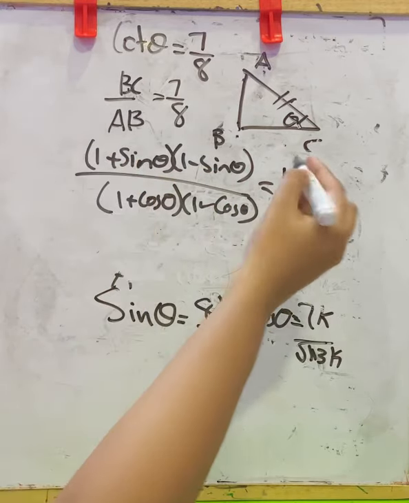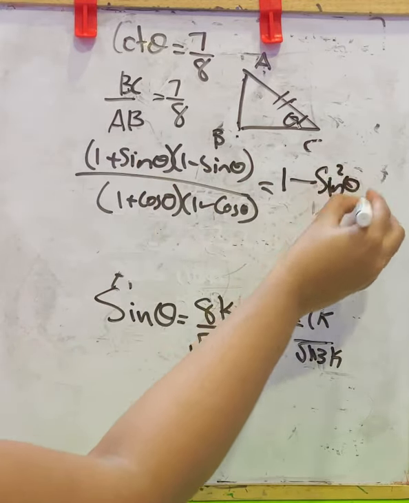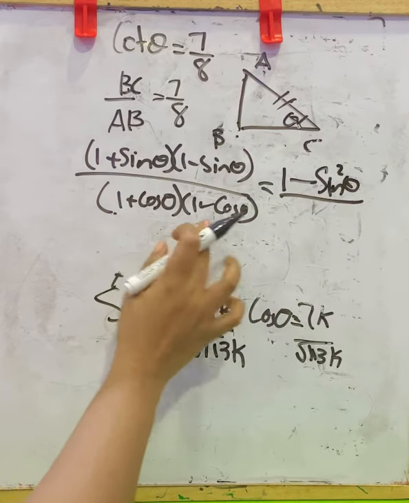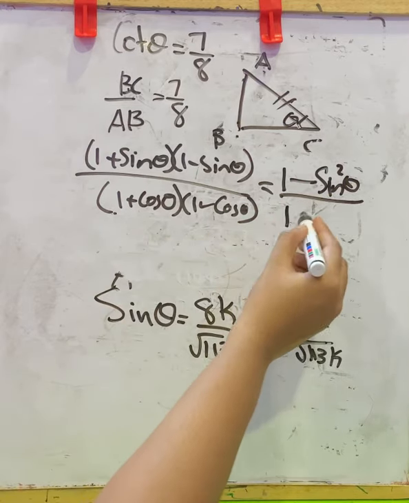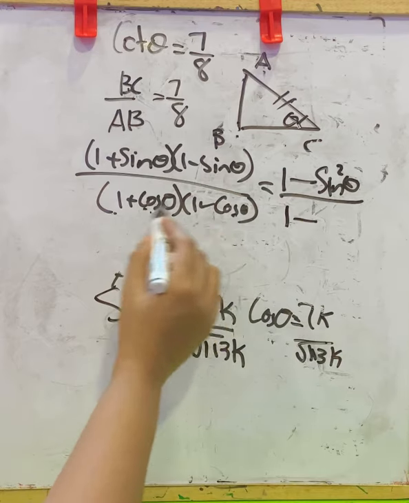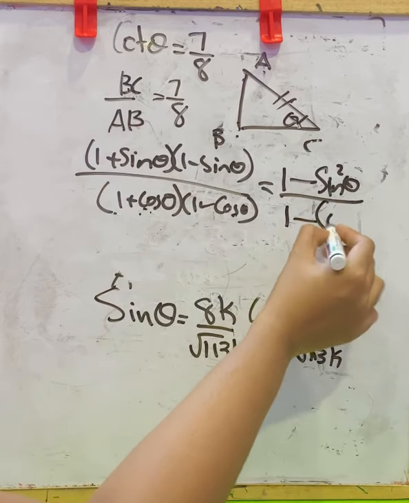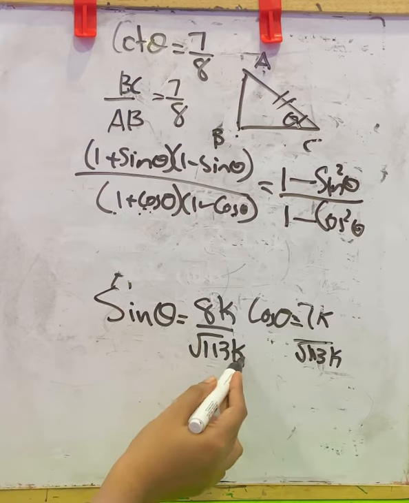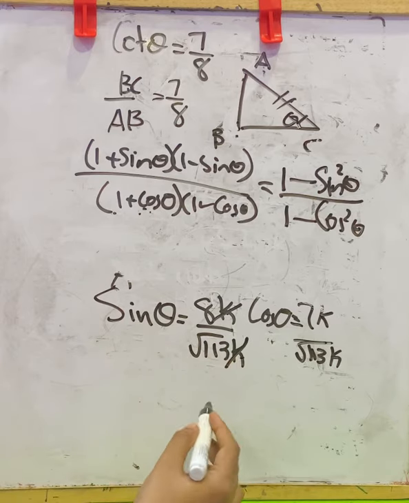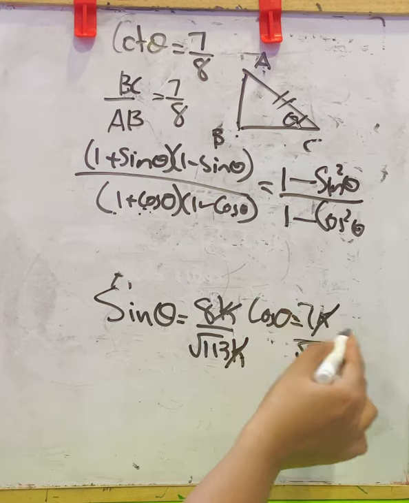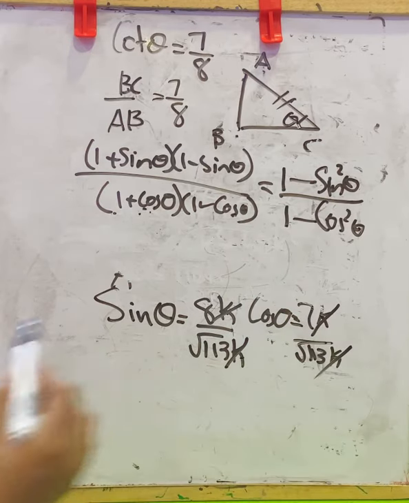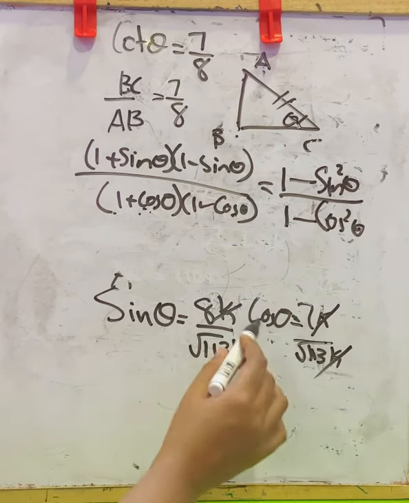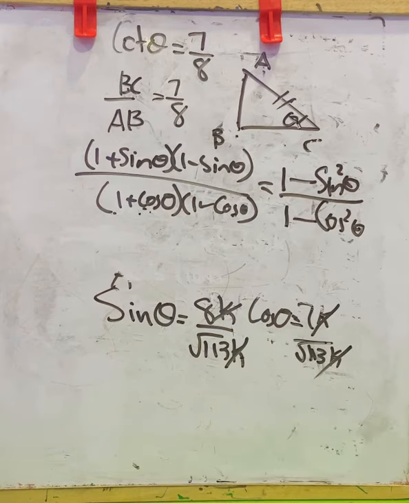Sin theta square is sin square theta. Similarly in the denominator, A square minus B square, cos theta is B, so squaring it, cos square theta. You can see in sin theta, K and K in numerator and denominator, let us cut it, common factor. Here also K and K. So sin theta is 8 by root 113 and cos theta is 7 by root 113.